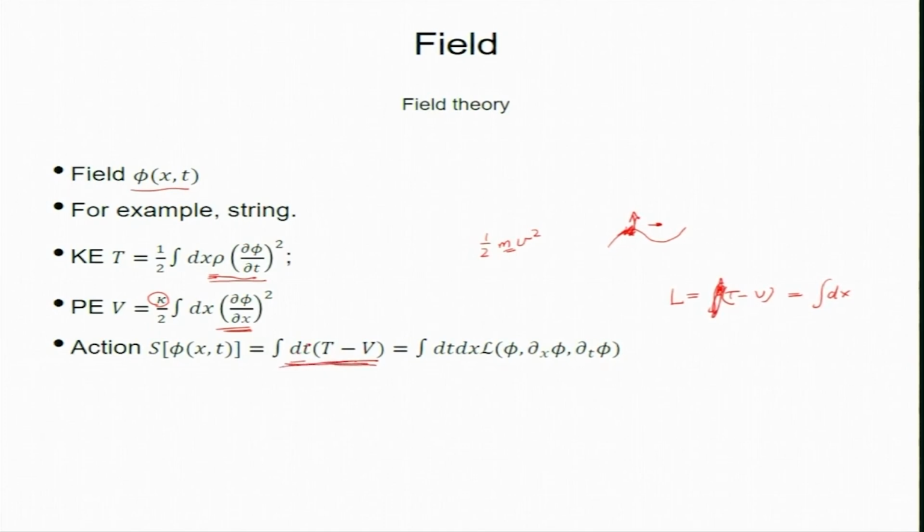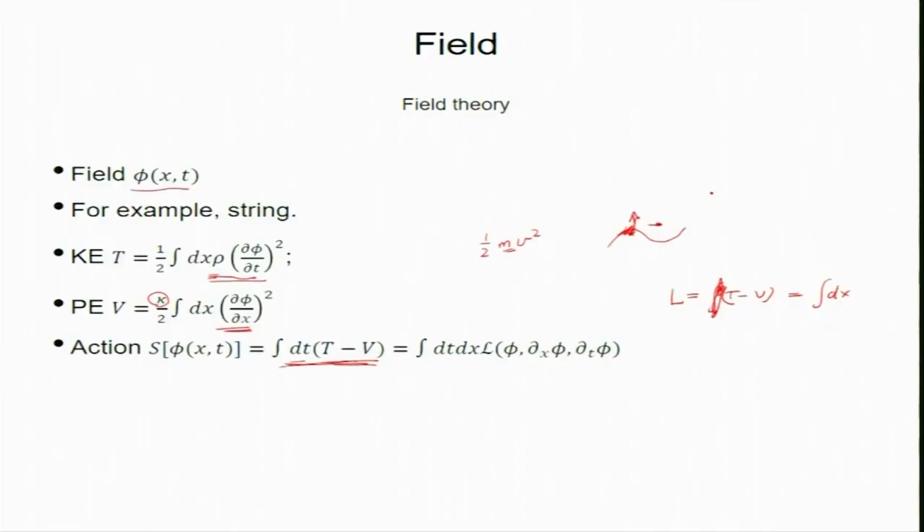Now, please keep in mind that for a particle we define the initial condition and final condition, right. Here, the initial condition will be the initial condition of the string. It could start like this with a certain velocity, okay. So, phi is 0 but it has a velocity as a starting point, or it could be like that, that is the initial condition, and the final condition is where it goes to.